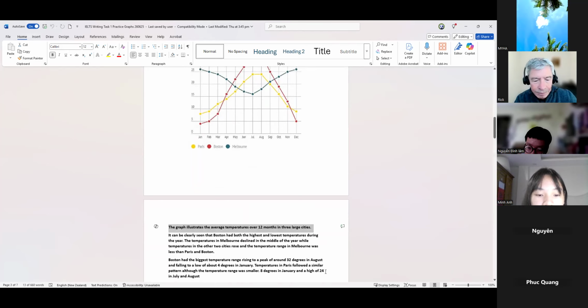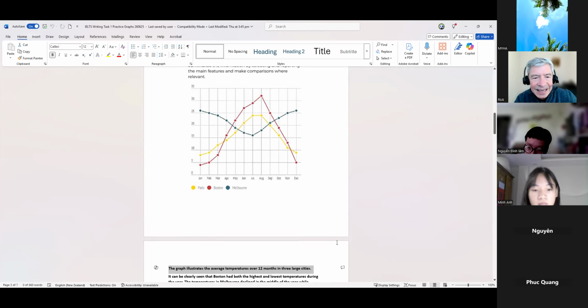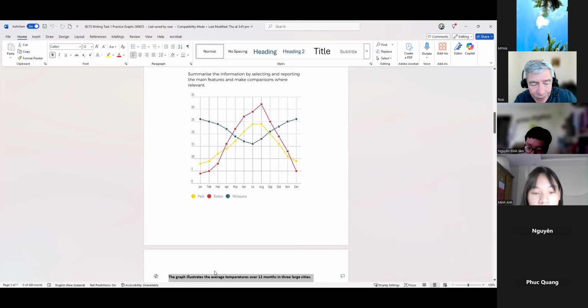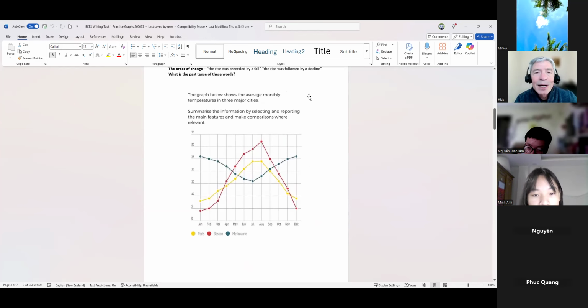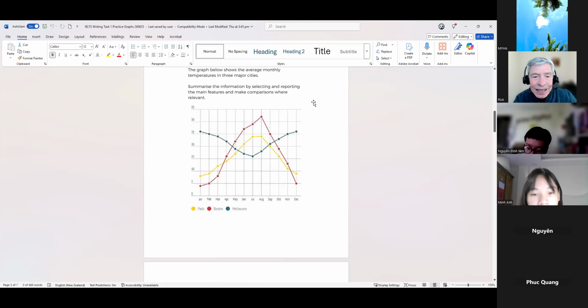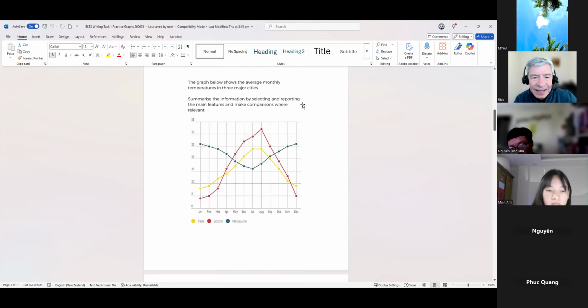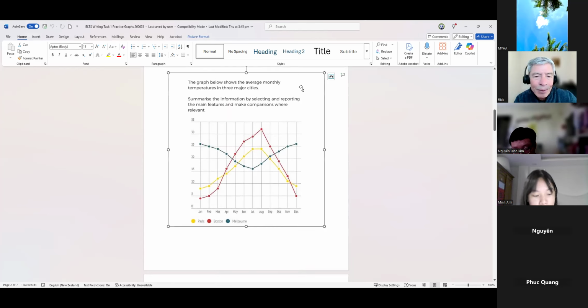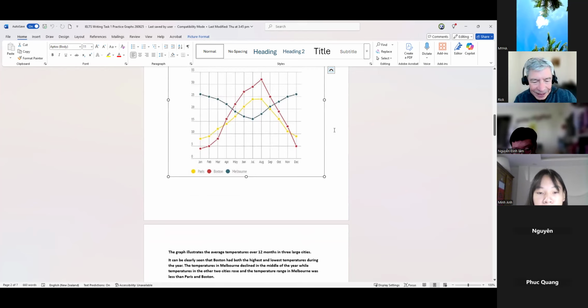The graph illustrates the average temperature over 12 months in three large cities. Okay, so you can see the paraphrase and the prompt mean exactly the same thing, just using different words.